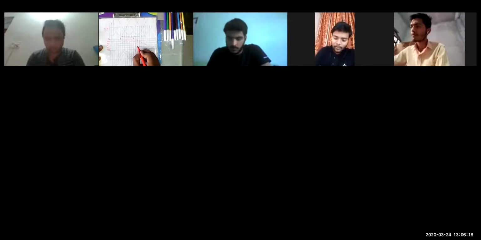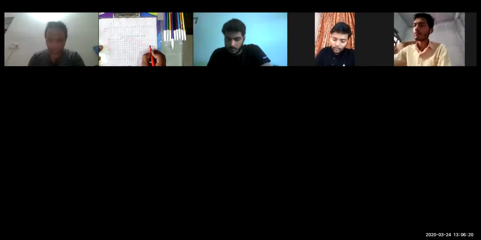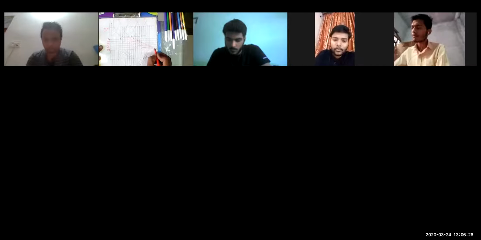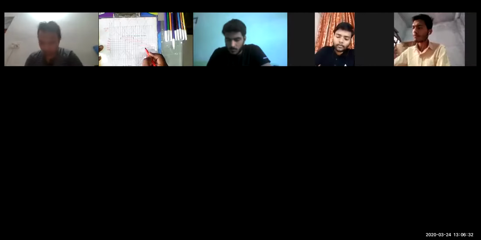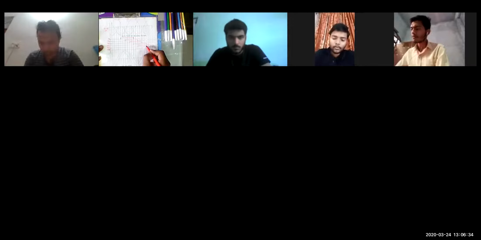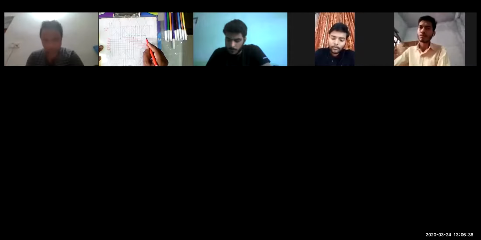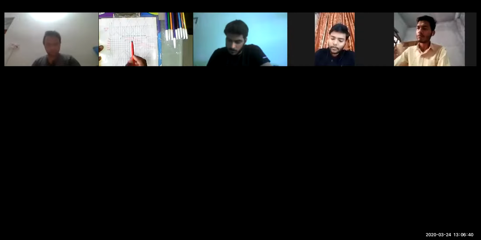T5 would be like this. T6 would be like this. And after T6, T1, with the interval of 60 degrees. So T1 will start here. What we can see? 1, 2, 3, 4, 5, 6.